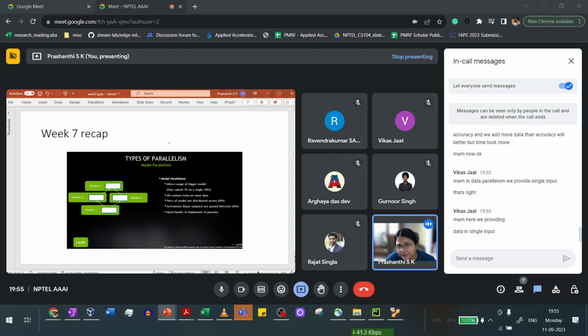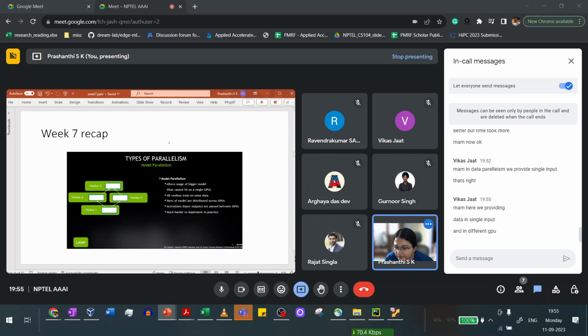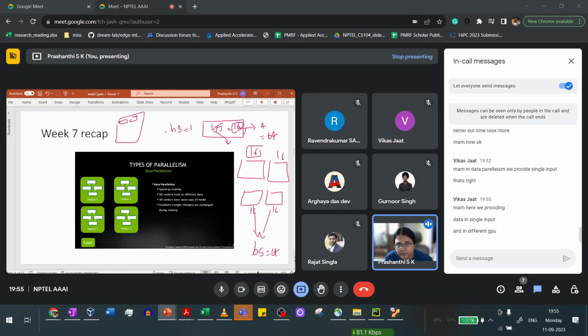Data in a single input. Again, if your input refers to a batch, sure. And in a different GPU, yes. So if you're asking about where the data would be stored, right? If these are all different GPUs, one scenario could be that the data sits on some networked storage that you can access from each of these GPUs.